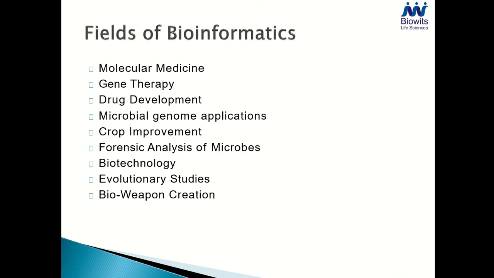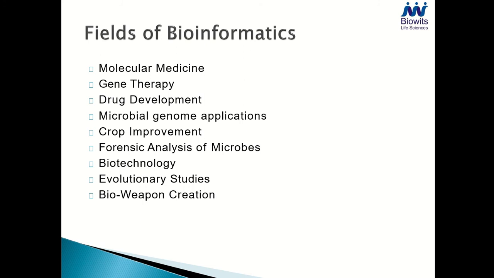Okay, so what are the fields of bioinformatics? Number one is molecular medicine. Second, gene therapy. Third is drug development. Fourth, microbial genome applications. Nandun na yung microbe, no? We are dealing with small organisms. Another one is crop improvement. Another one is forensic analysis of microbes.